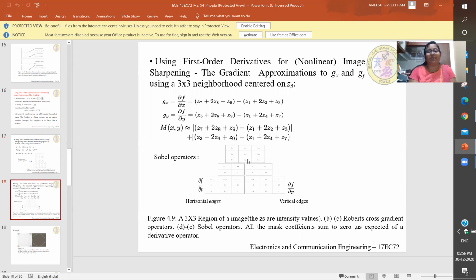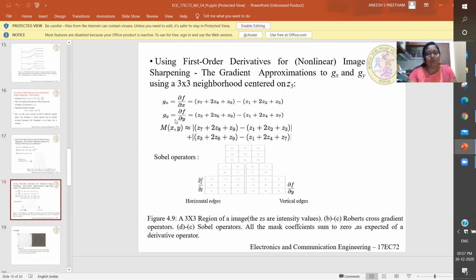Using first order derivatives for nonlinear image sharpening, the gradient approximations to gx and gy using a 3 by 3 neighborhood centered on z5. So gx is equal to del f by del x is equal to (z7 plus 2z8 plus z9) minus (z1 plus 2z2 plus z3).